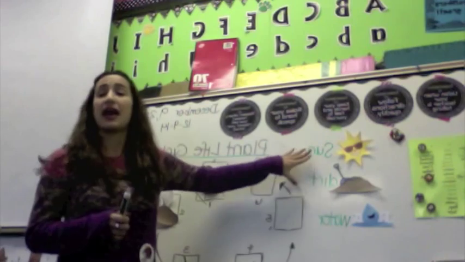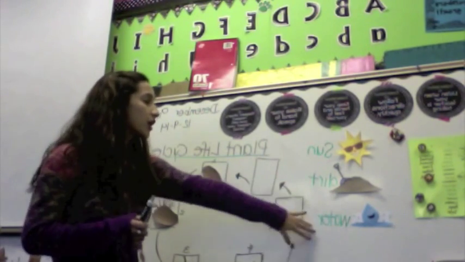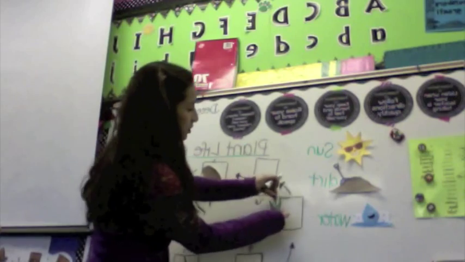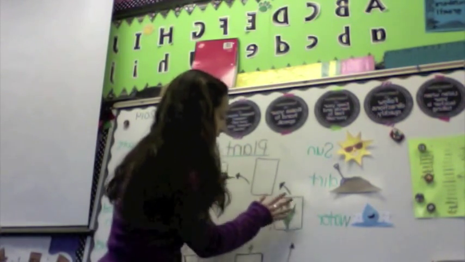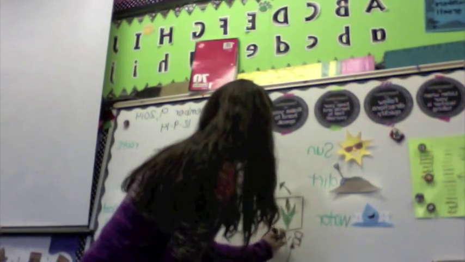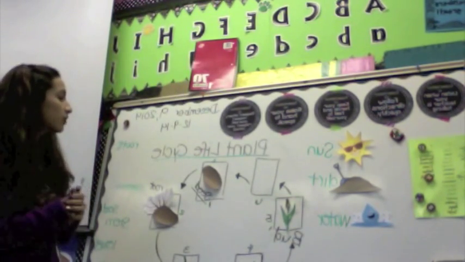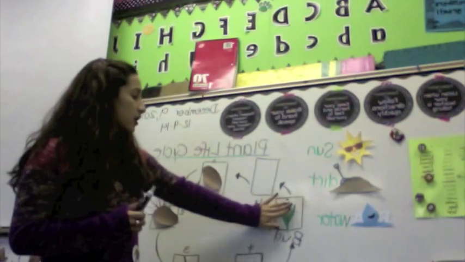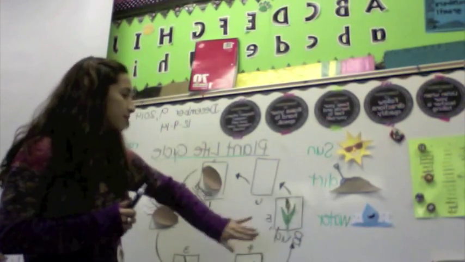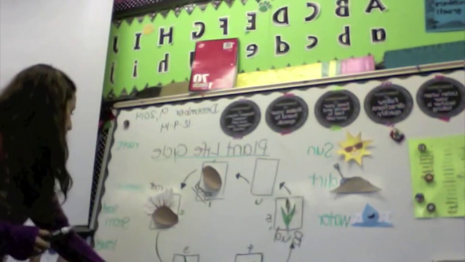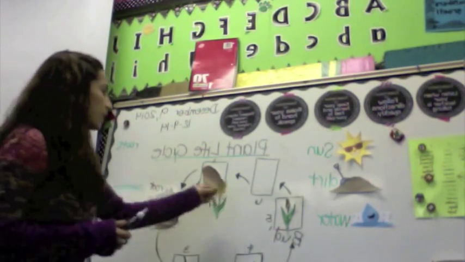So we're going to add more sun and more water, and of course it has lots of dirt for it to grow and get its nutrients, and then those leaves are going to finally start to grow a little tiny bud. So we're almost done with our cycle, right? So after our leaves have a bud, and we add more sun and we add more water, we're going to grow a beautiful flower.